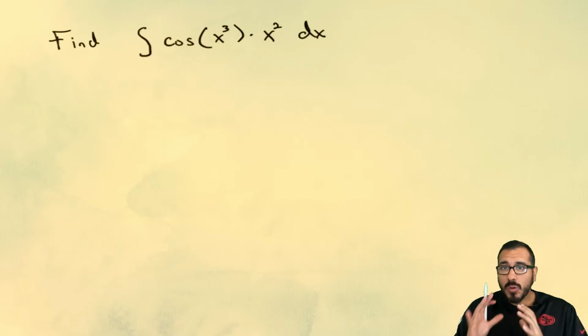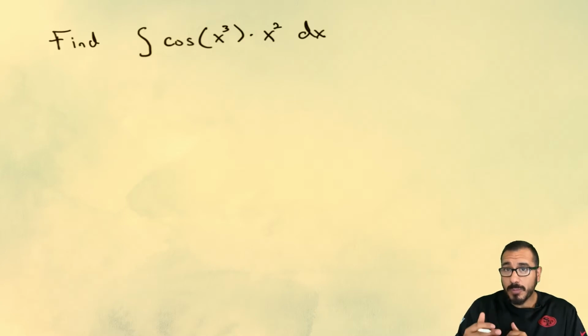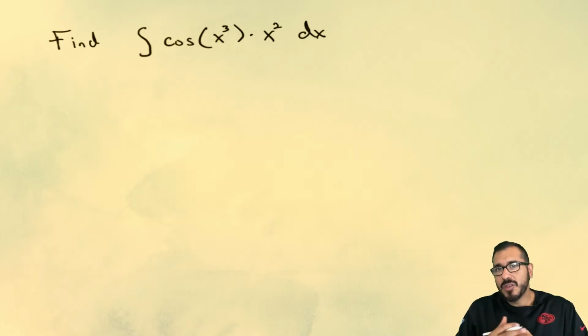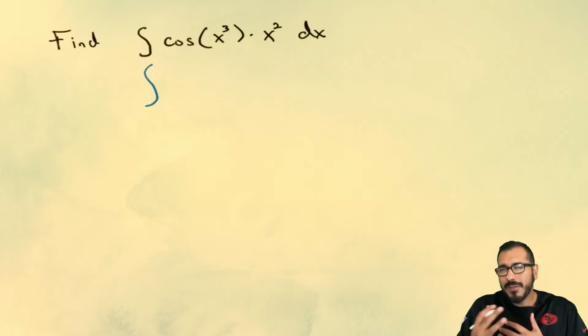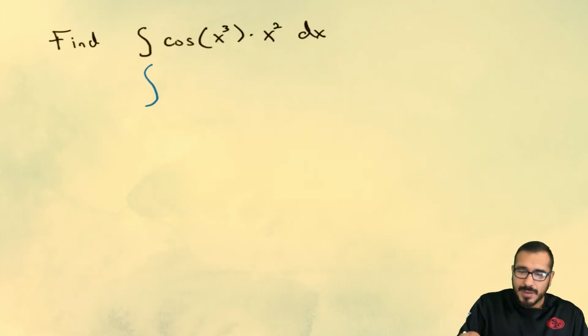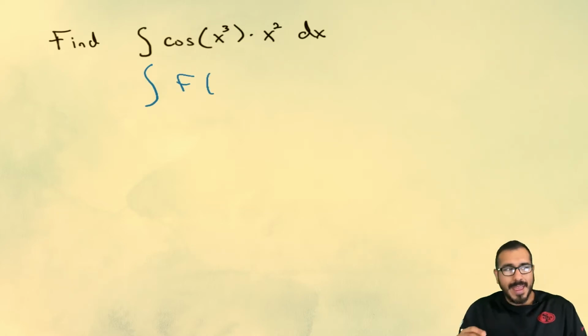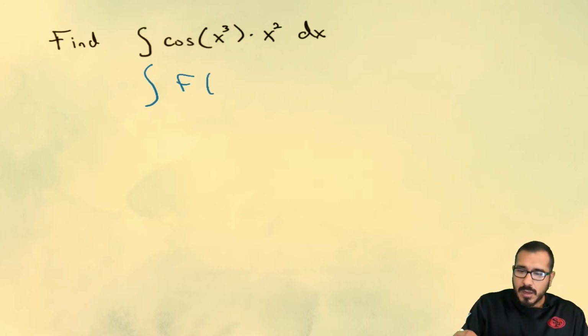What are we looking for? How do I know I can use the U substitution, or that it's the route I want to go? The first thing is what gives us the green light to use U substitution. We're looking for the following format. You have some function, we'll call it f, with a composition of functions.